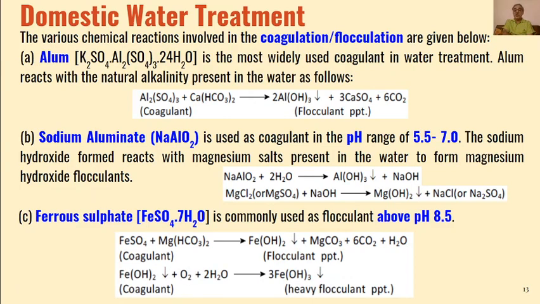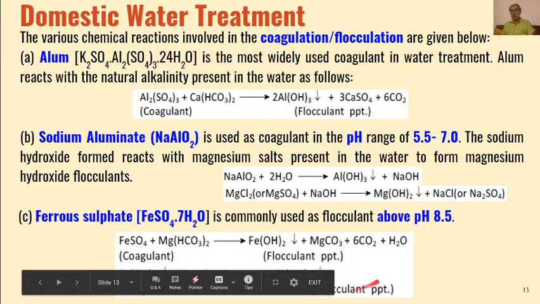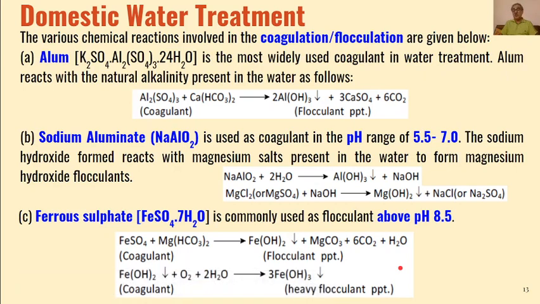Then this ferrous hydroxide will further react with oxygen present in water, along with water, to get converted into ferric hydroxide. Ferrous hydroxide is oxidized by this oxygen to a heavy flocculant precipitate, and this heavy flocculant precipitate will also undergo sedimentation and be removed in the form of sludge.